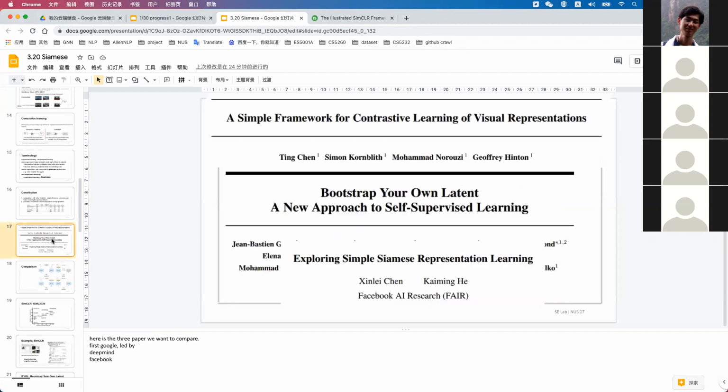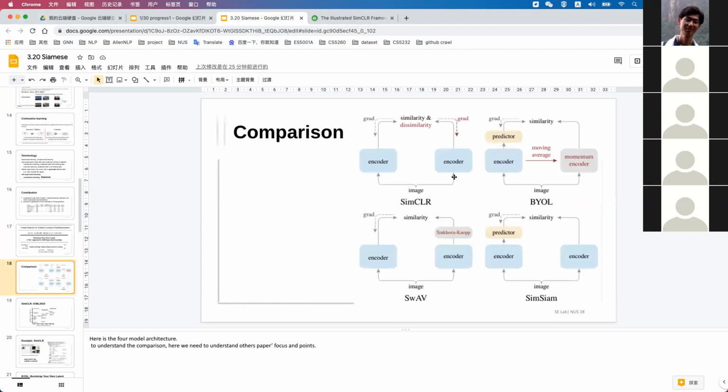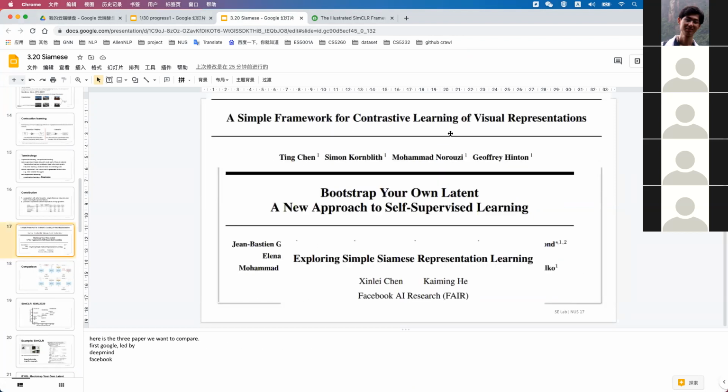Okay, so now we go back to the CMCR. Actually, it's very interesting, because for this task there are like 4 comparisons, and each paper is from very famous people. The first is Hinton, and the second paper we will talk about later is from DeepMind. The first is from Google, and today's paper is from Facebook AI.